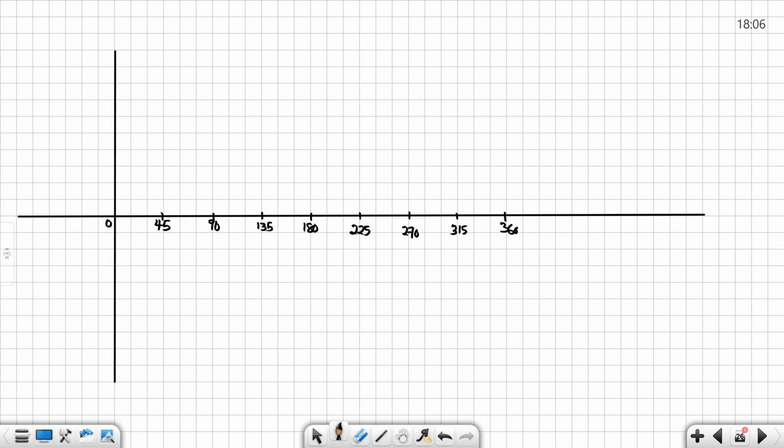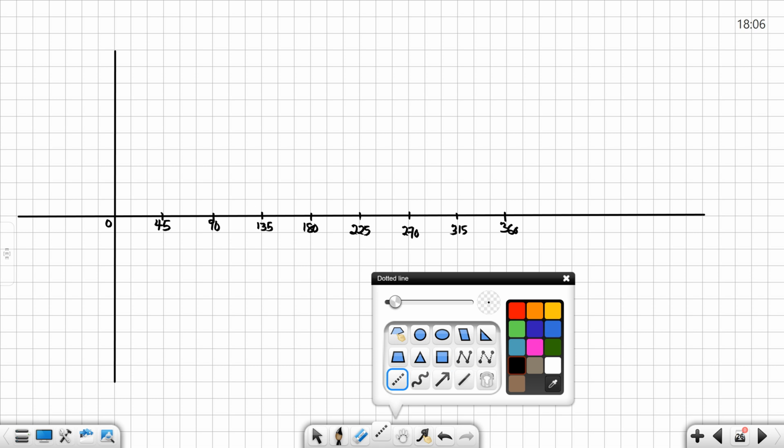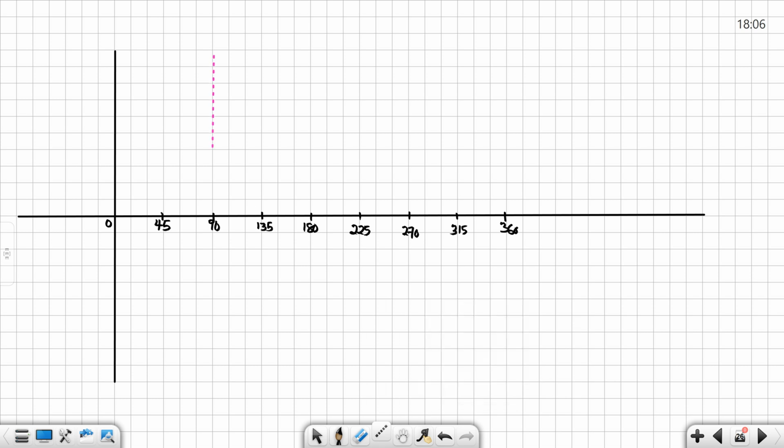Asymptotes: on the calculators, where it says error, you said what? 90 and 270. What do we draw? Straight lines at 90 and 270. There we go.